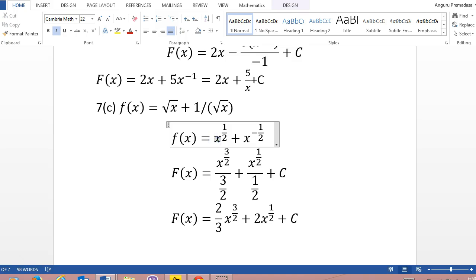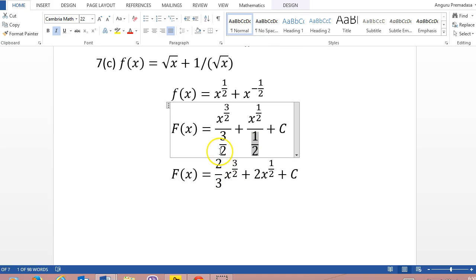So now you want to find the antiderivative of this piece, and you can use the power rule there, and the 1/2 becomes 3/2. So it's x to the 3/2 divided by 3/2, plus, for the negative 1/2, if you add 1, you get x to the 1/2 divided by 1/2, plus c.